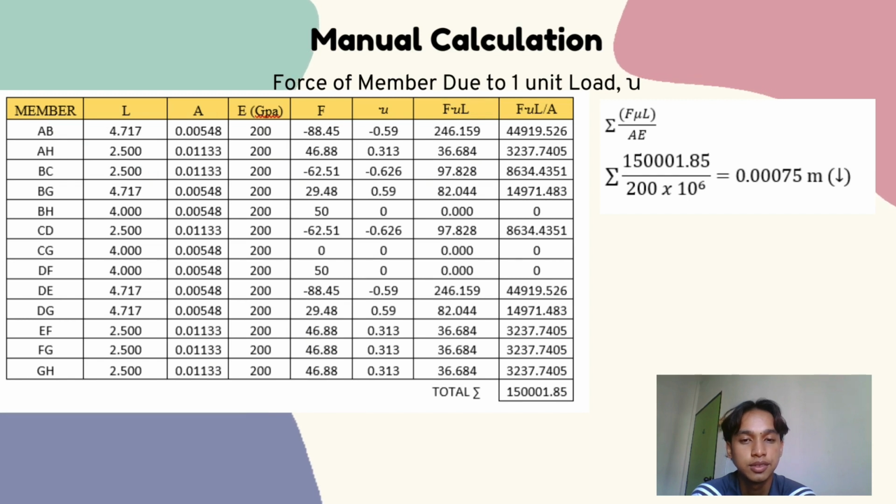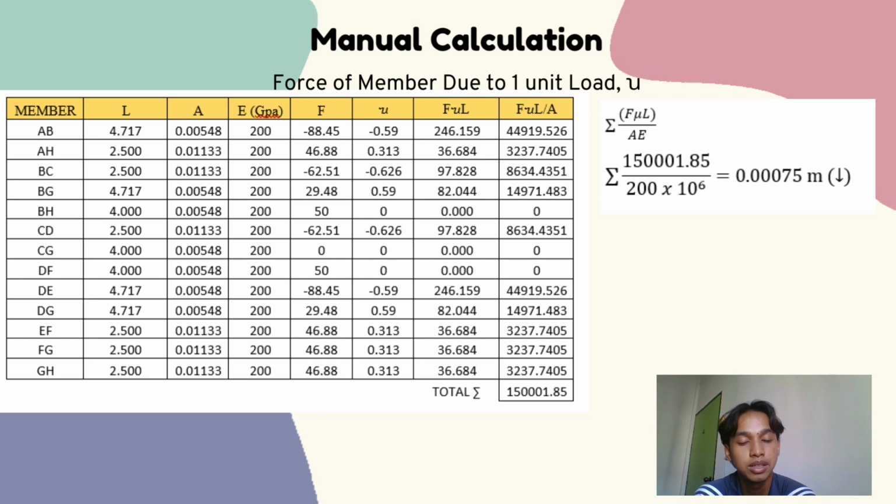After finding the internal force F and the force of each member due to 1 unit load, we made a table with the values for length, area, and modulus of elasticity to find the summation of FUL over AE. As shown in the table, the total for FUL over A is 15001.85.